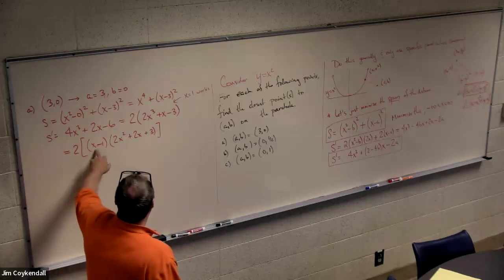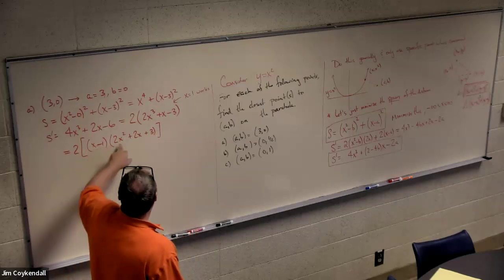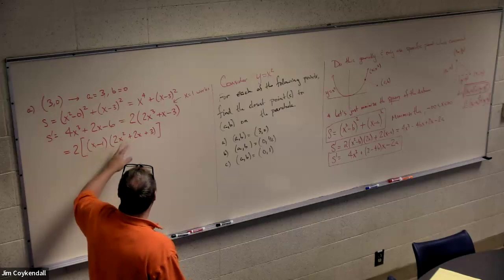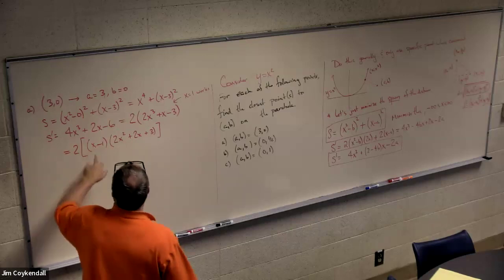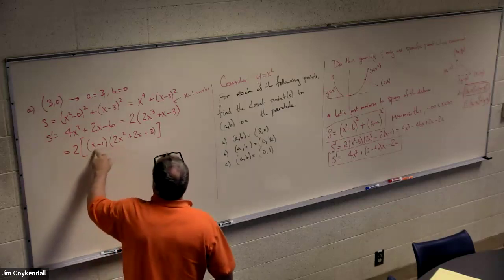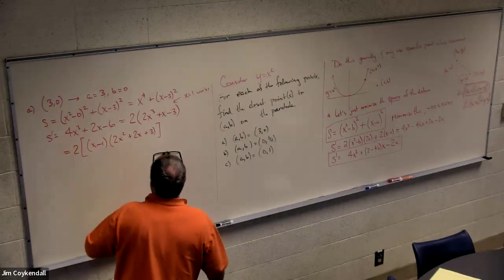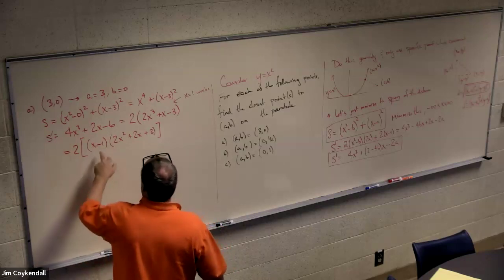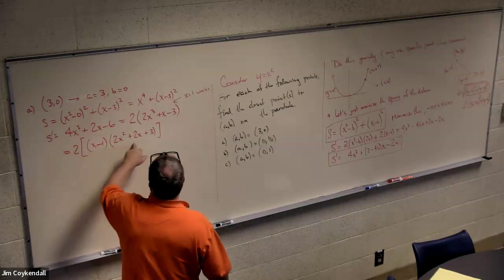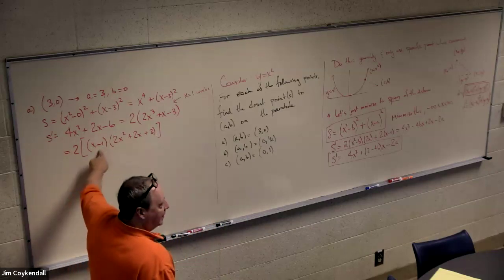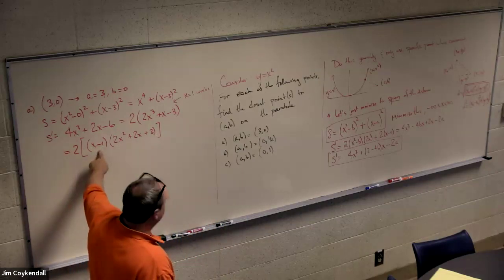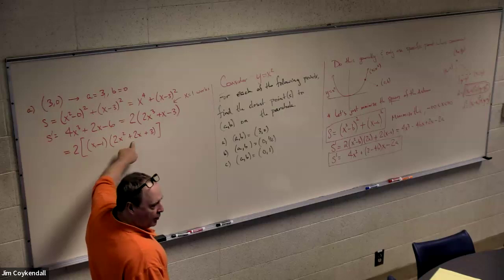If you multiply this back, you get 2x cubed, 2x squared minus 2x squared, 0, 3x minus 2x is x, minus 3. So x equals 1 is a critical number.